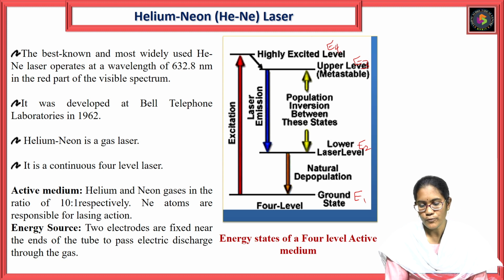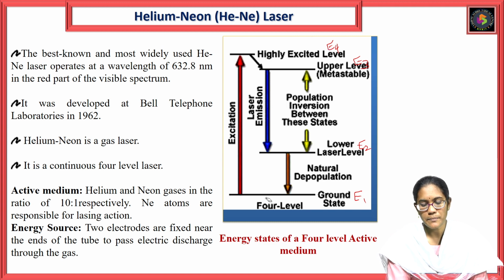The 4 energy states participate in the lasing action. E1 is the ground state energy and lower energy state, and E2 and E3 are the metastable states. E2 is the lower metastable state, E3 is the upper metastable state, and E4 is the high energy or excited state.